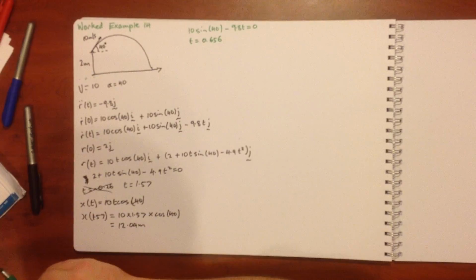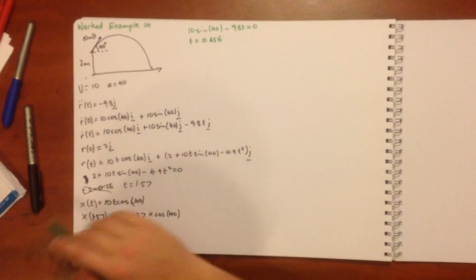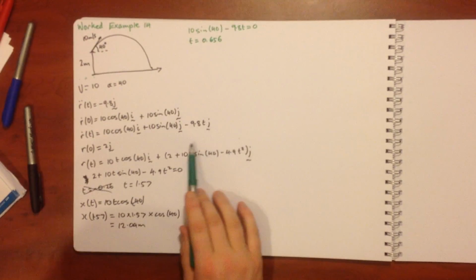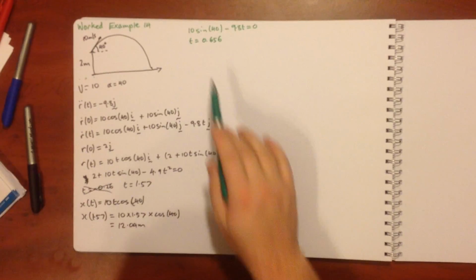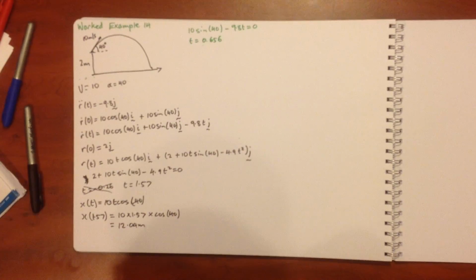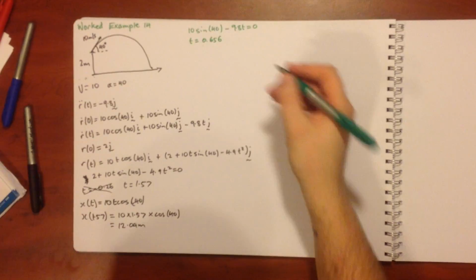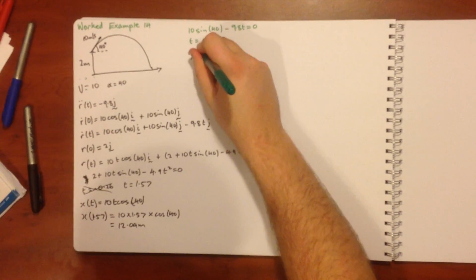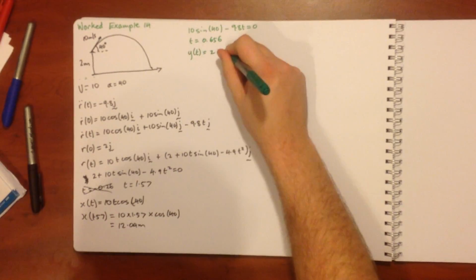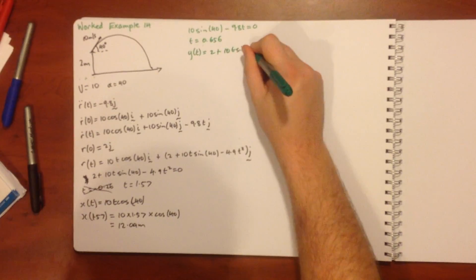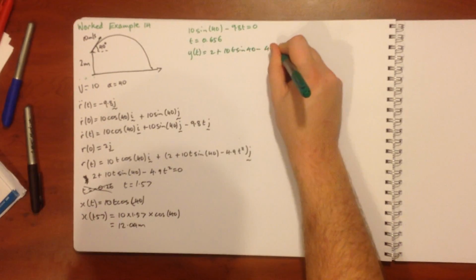So what we do then is look at our position vector in the y direction, which is this part here, and sub in our t equals 0.656, and say our y of t is equal to our 2 plus our 10t sine of 40 minus 4.9t squared.